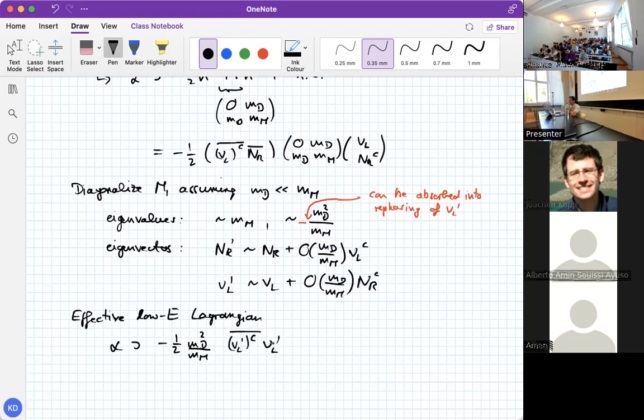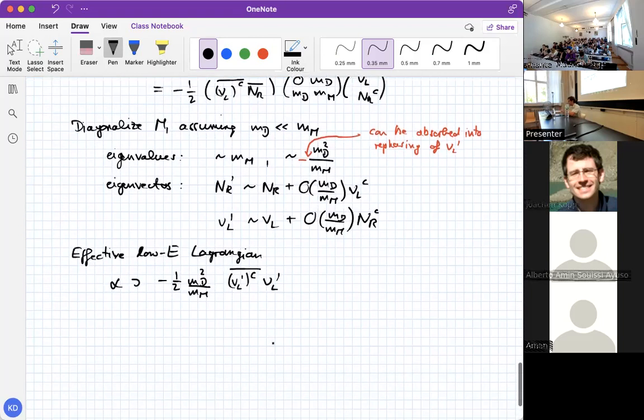So that's exactly a Majorana mass term for neutrinos. It doesn't look SU2 invariant, but we have obtained it from an SU2 invariant theory after integrating out those heavy right-handed neutrino fields. And the actual neutrino mass here, this mD squared over mM, is conveniently small.